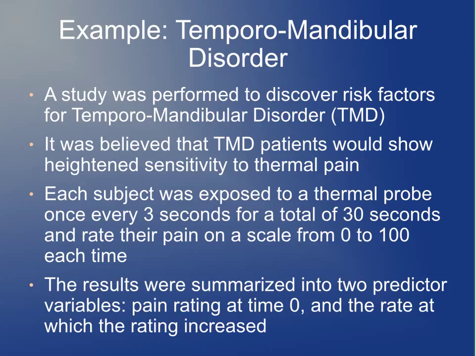Each participant was administered a total of 10 pulses. For each pulse we asked the participants to give a pain rating on a scale from 0 to 100. And we summarized these into two predictor variables, namely their pain rating at the first pulse and the rate at which the rating increased.